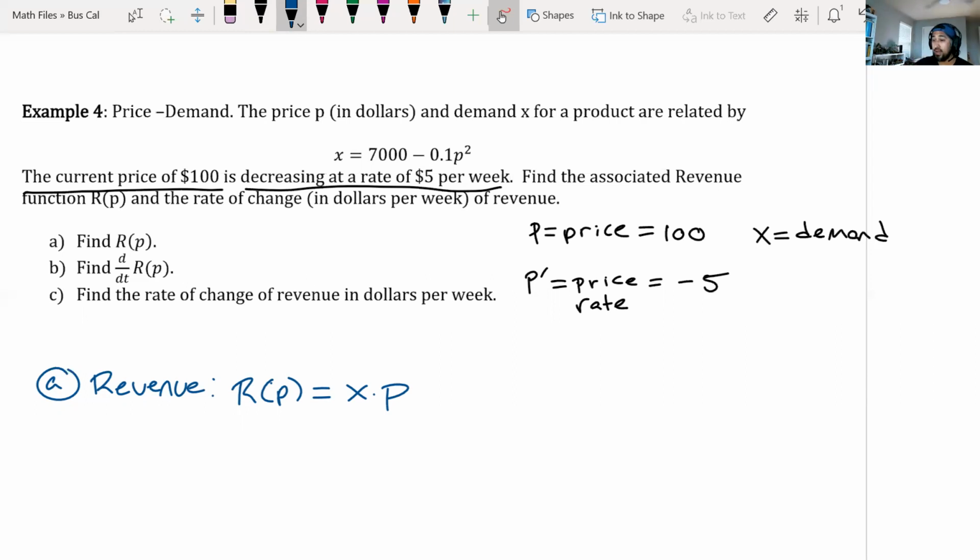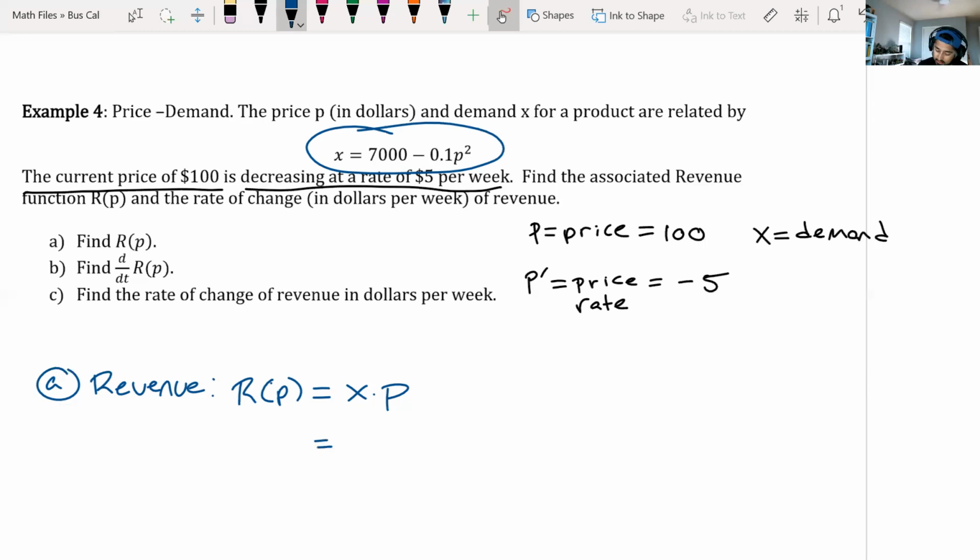Based on this problem, did they give us an equation in terms of X? Yes. They gave us that X is equal to 7,000 minus 0.1 P squared. So we're going to plug all of that in for X.